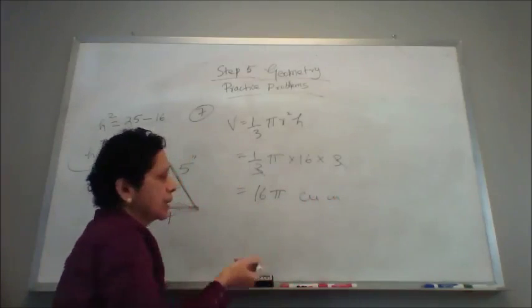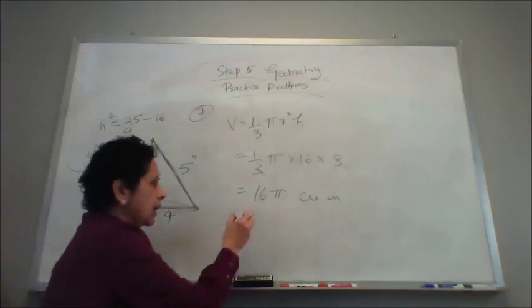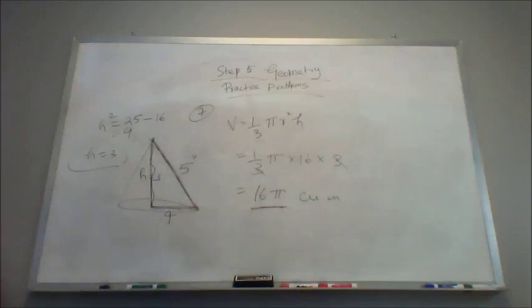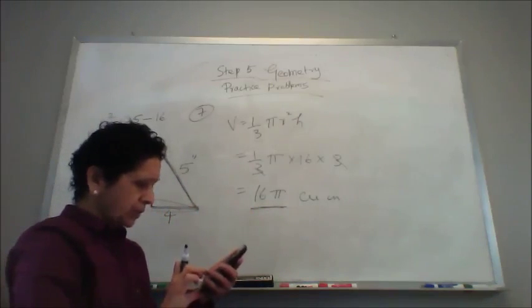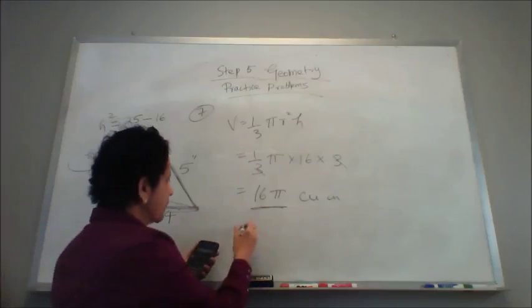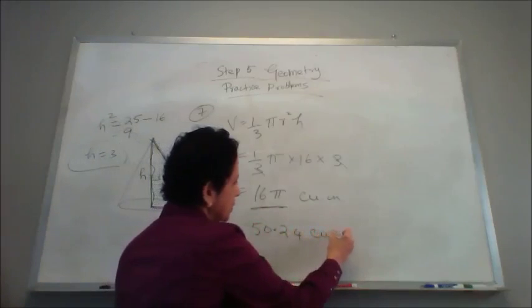If you want, you can multiply 16 times 3.14, and that's the last step. So let's see, if we do 16 times 3.14 in the calculator, it's 50.24. So that many cubic inches, okay?